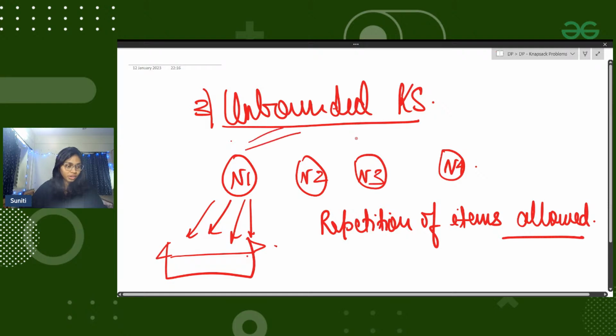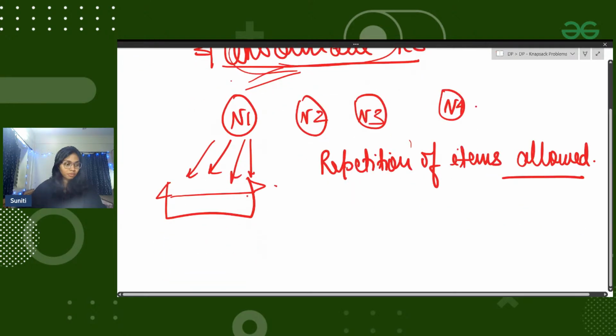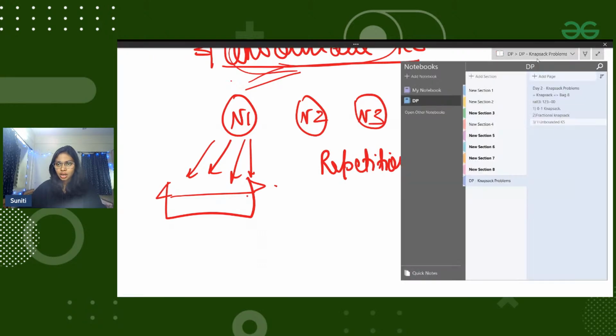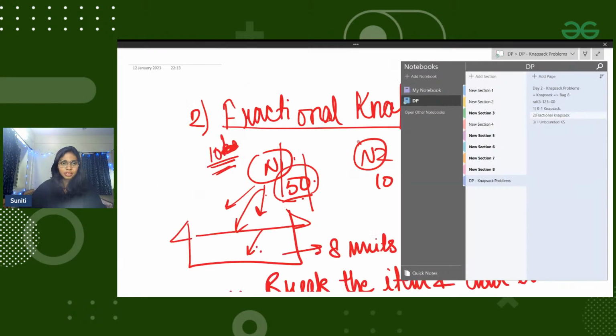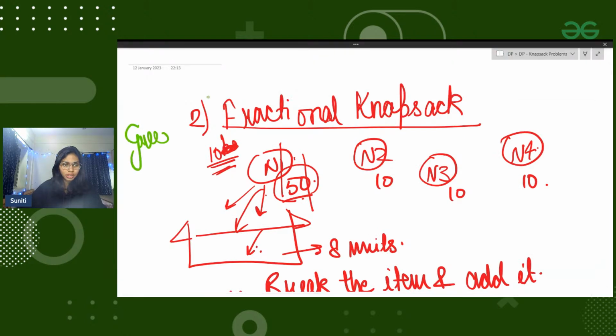That's why it is known as unbounded knapsack. There is no bound on the items that you can add. Are these 3 forms of knapsack clear to you all? Also, I would like to mention again that fractional knapsack uses a greedy approach. This is not a DP question. It is based on a greedy algorithm.